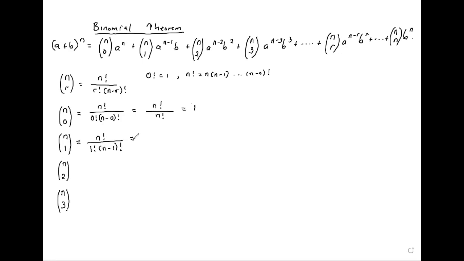The numerator can be expanded, but we stop there because we have seen something similar to it down: this n minus 1 factorial. Because in mathematics, dividing a number by itself gives us 1, here we just have n over 1, which is n.